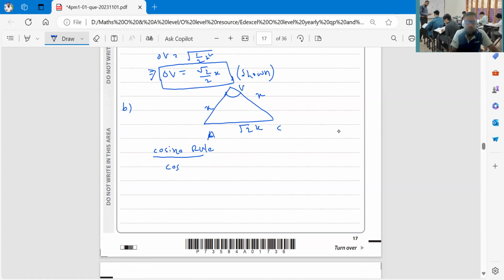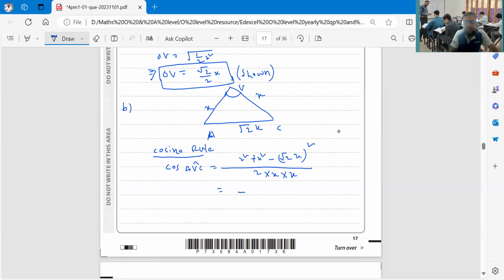So cos ABC equals, the formula is: the two adjacent sides squared addition, minus the angle's opposite side, that is root 2x whole squared, divided by 2 multiplied by x into x.